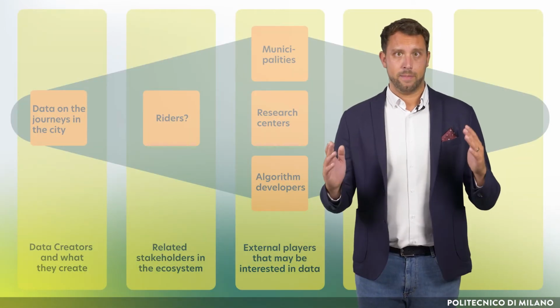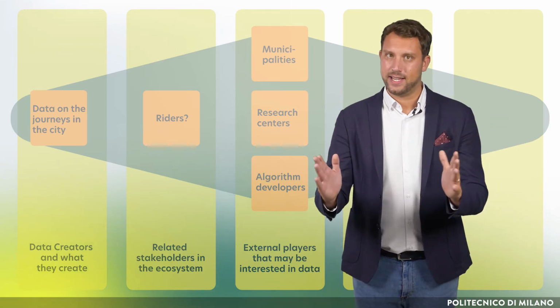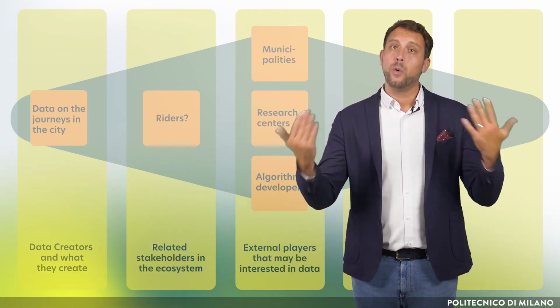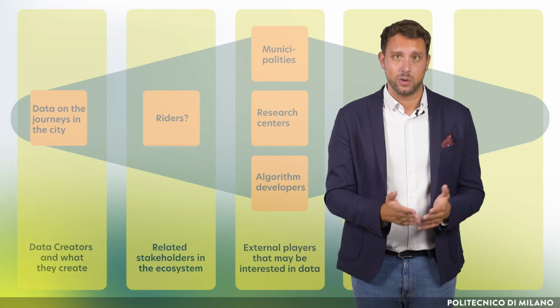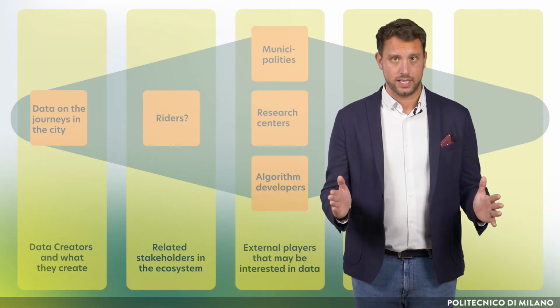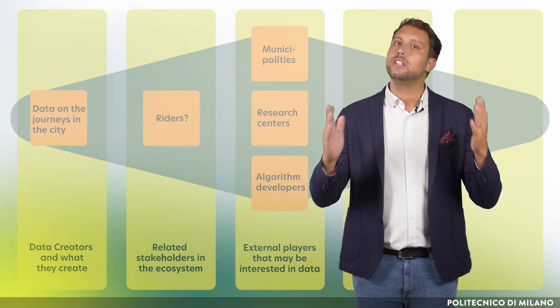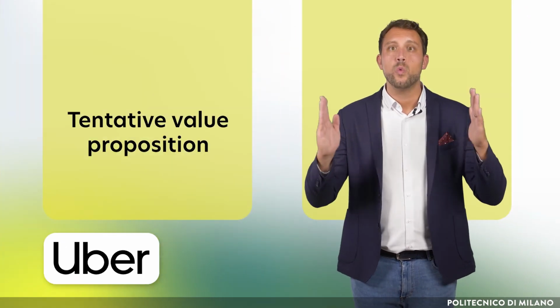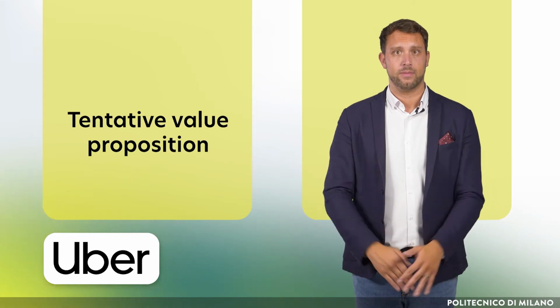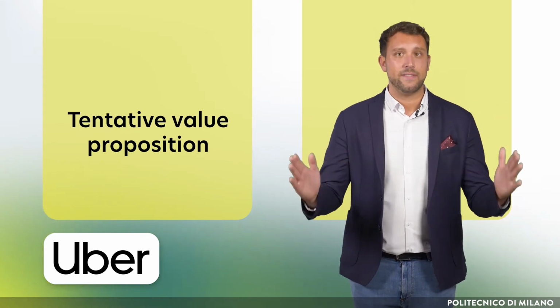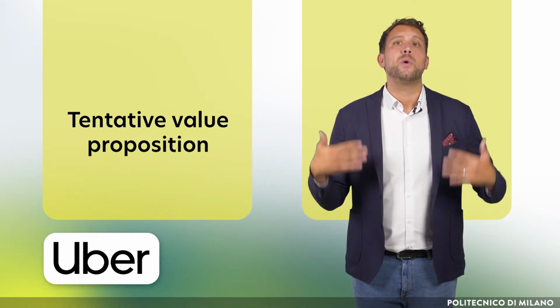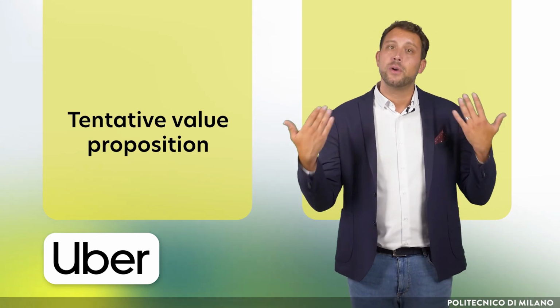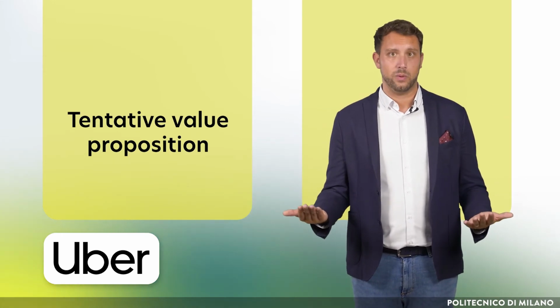With the fourth step, we start the selection phase. We have the list of all the internal and external stakeholders that are potentially interesting. The question for each of them is what is the value proposition we could offer them. It is not a given that we will be able to identify a value proposition for each of the identified stakeholders.